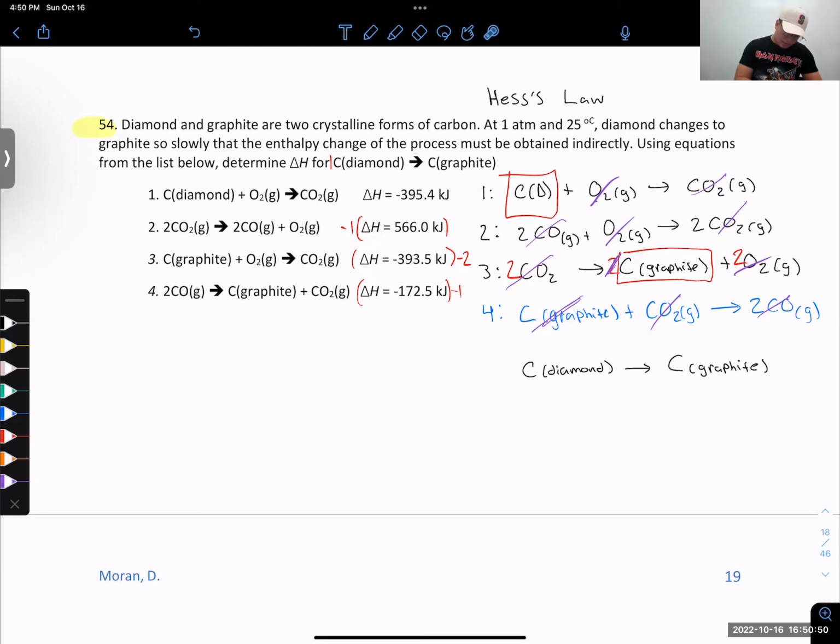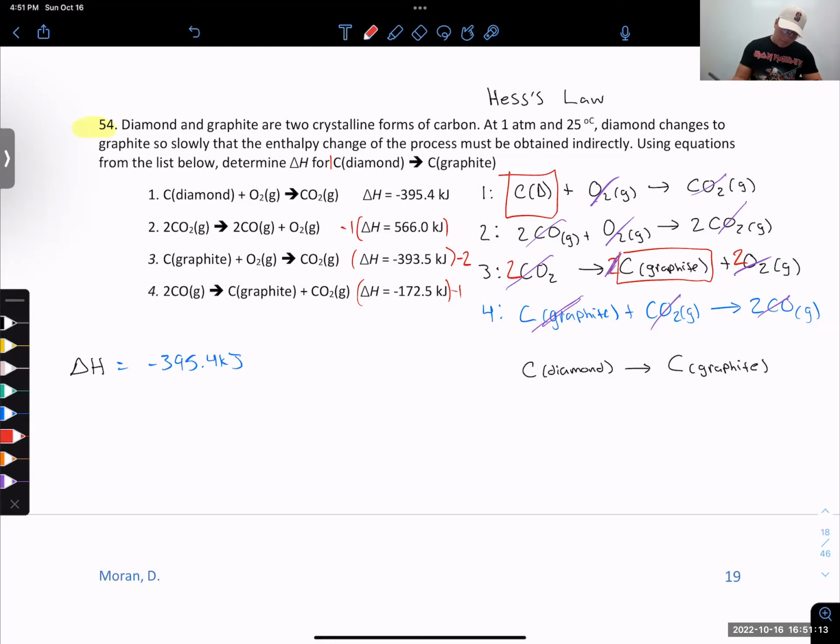So for example, number 1, I will do in blue. So the total delta H is equal to number 1, which we did not change, right? It's the same on both sides, or we rewrote it the same here. So that's negative 395.4 kilojoules.